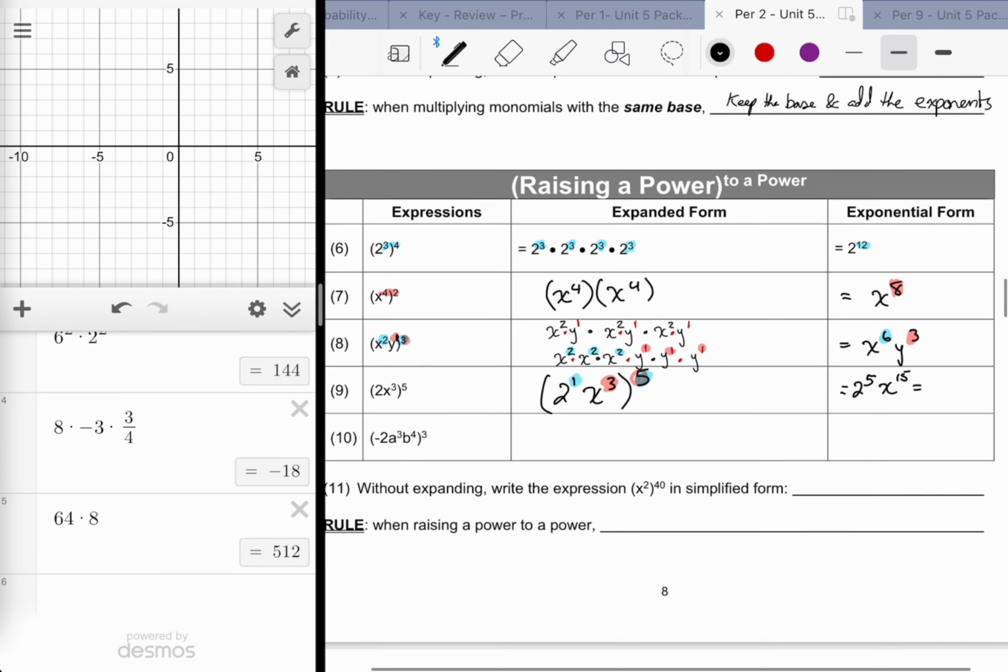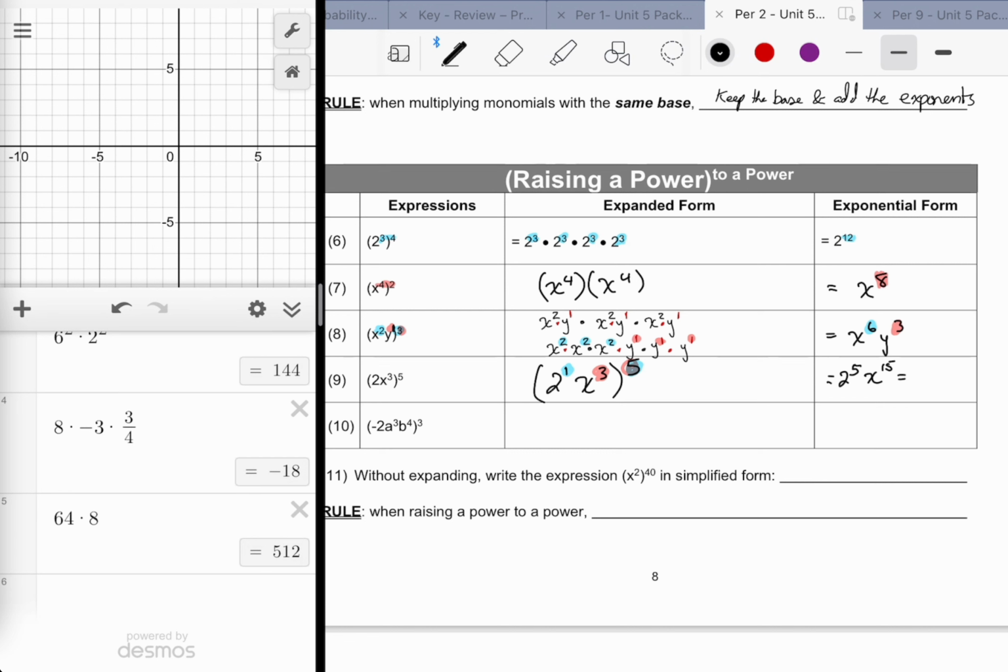The only thing that you'd have to do additionally here is figure out what 2 to the fifth is, but powers of 2 are pretty easy. 2 times 2 is 4, times another 2 is 8, times another 2 is 16, times another 2 gets you to 32. So you're just doubling over and over again.